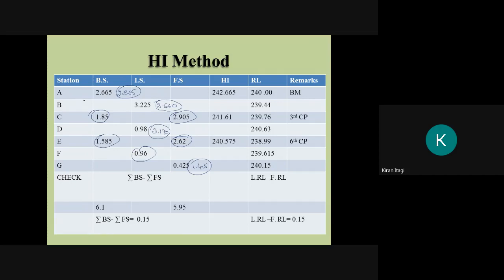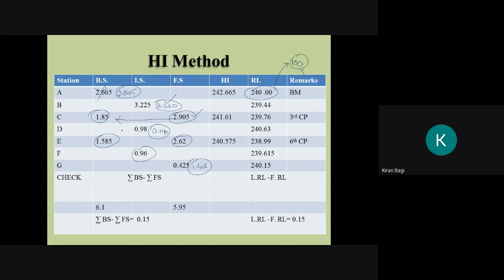Okay. I hope you have drawn the tabular column. So in backsight, don't write this value, write 2.865. The initial RL is 100. The intermediate sight is 3.660. Next, I have taken the foresight reading. It is 2.905.